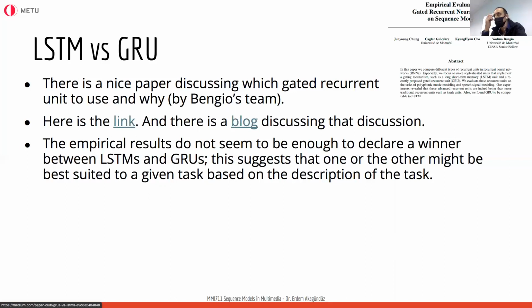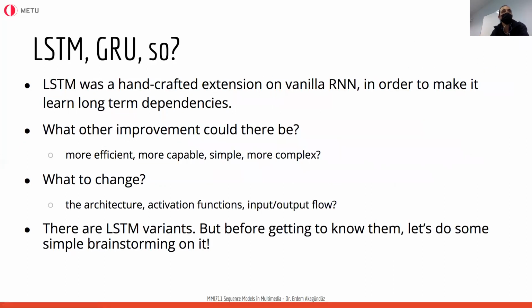Actually, we've done work on dynamical systems. We tried them both, and they were practically the same. They had some little differences. LSTM was better, but practically the same. Okay, LSTM, GRU. So LSTM was a handcrafted design. Like 20 years later, people came up with an idea which was more efficient.